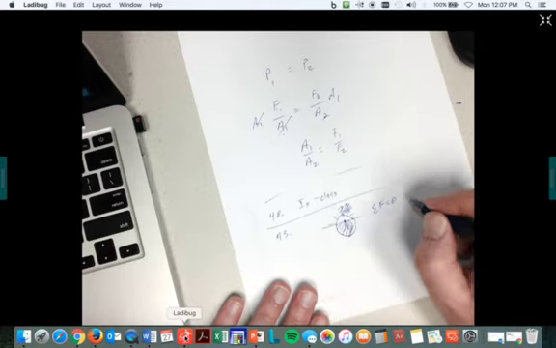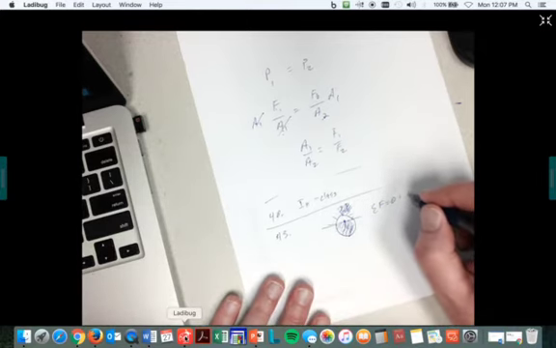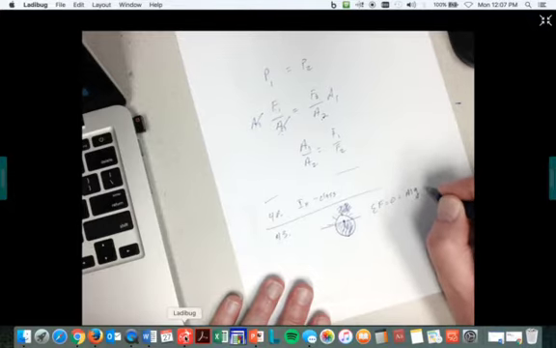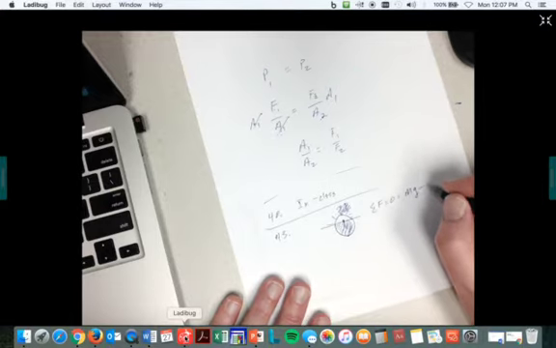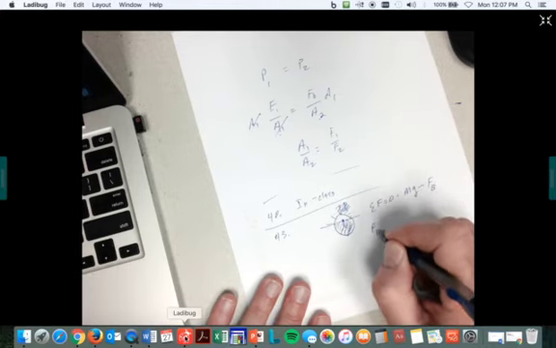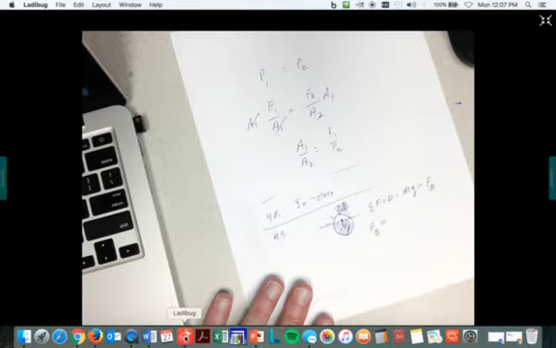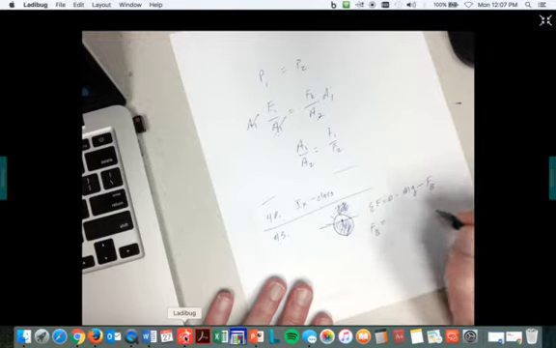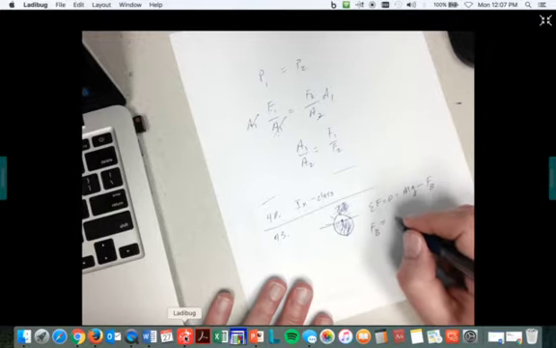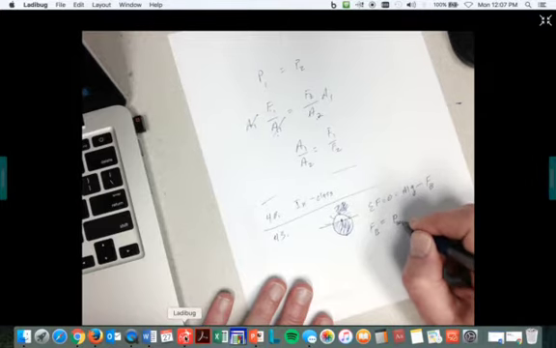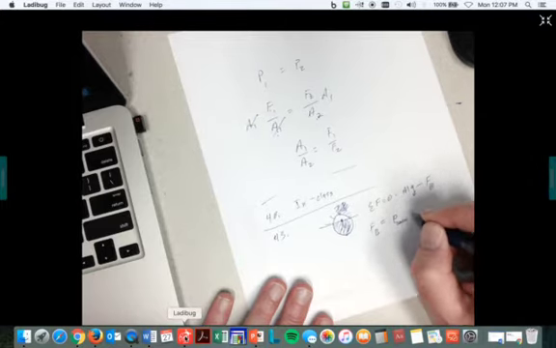So the sum of the forces, the only force is equal to mg of the duck minus the buoyancy force. So the buoyancy force is equal to rho of the water times the volume of the water displaced times g.